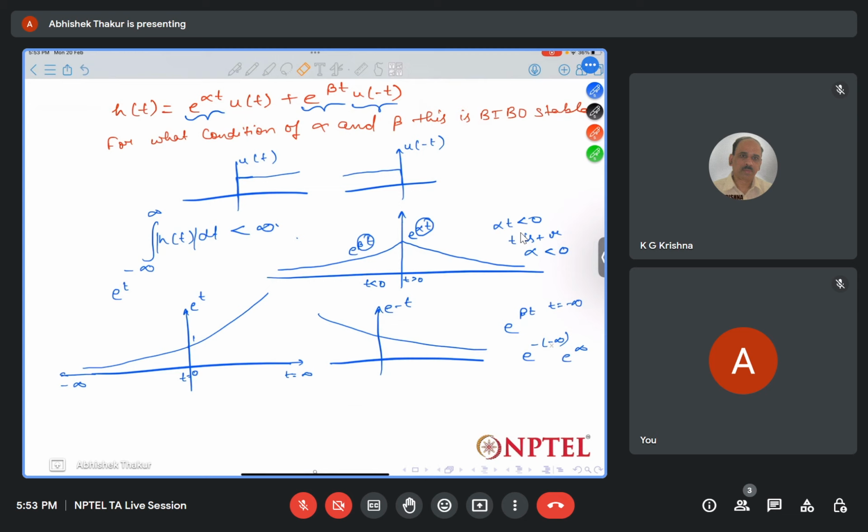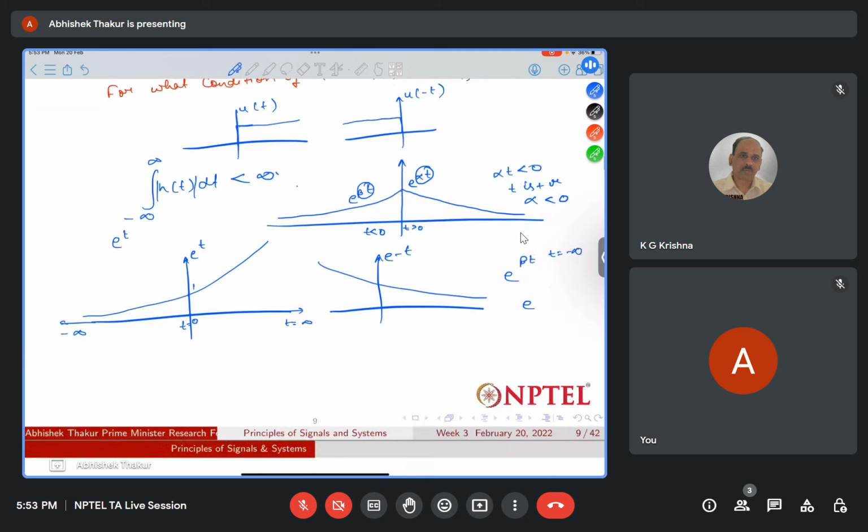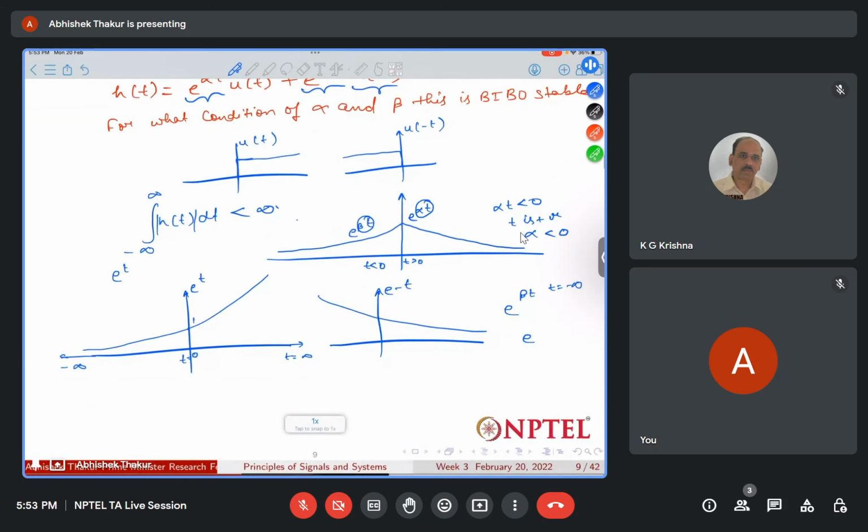So b should be greater than 0, because if we want beta t to be less than 0, and t is already negative, so b should be greater than 0.